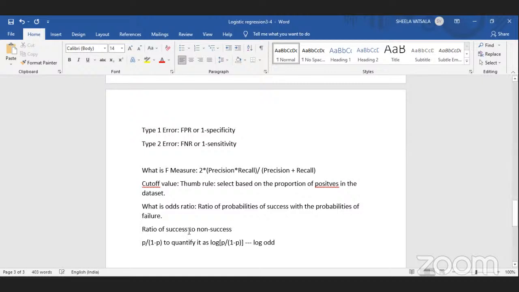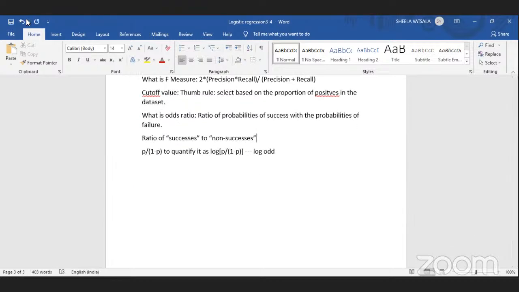Successes can be multiple successes in flipping the coin, right? How many times you want to flip the coin. So if you're desiring for head and you're getting head as many times, that will be considered as success. And the other ones are always non-success or failure. Okay.